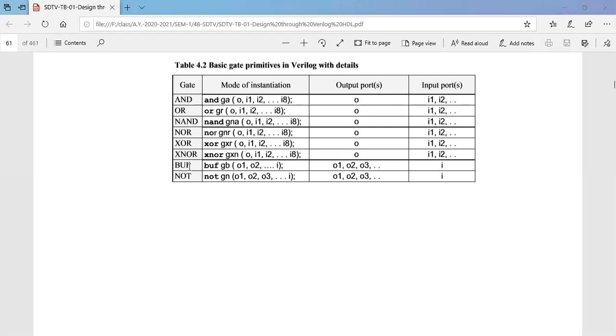Now you see here what a buffer is and what a NOT gate is. We will have only one input, and here buffer means I have an input I, and I am using that input. A buffer is nothing but the same data being given many number of times.